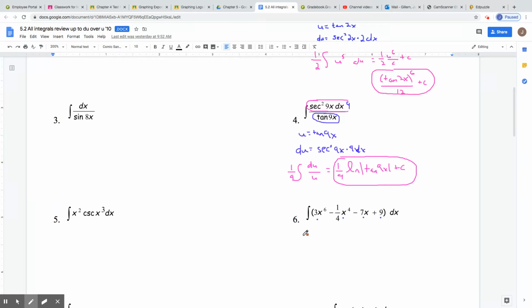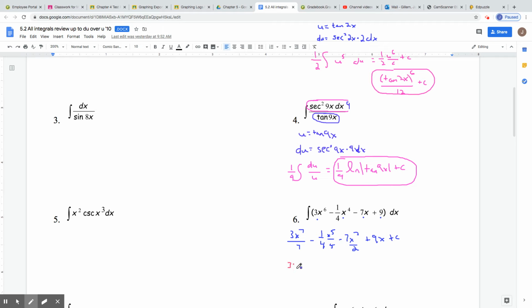All right, so integrate 3x to the 6th. That is 3x to the 7th over 7 minus 1/4 x to the 5th over 5 minus 7x squared over 2 plus 9x plus c. And the only other thing that we need to do is simplify that.